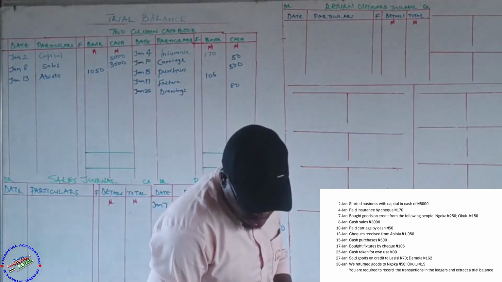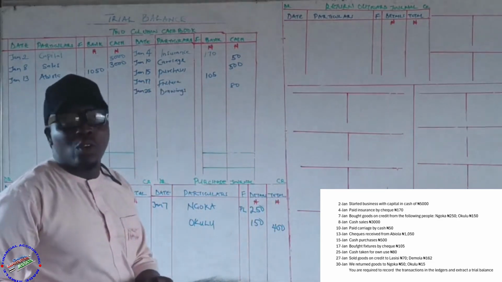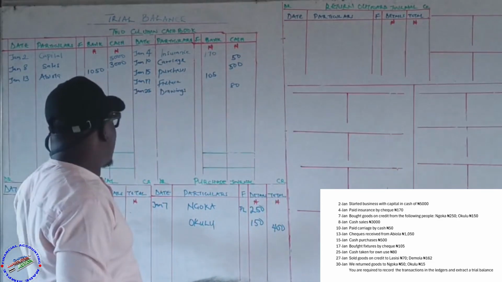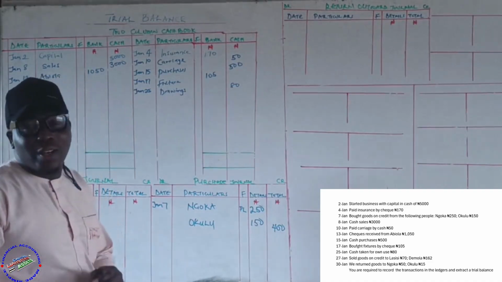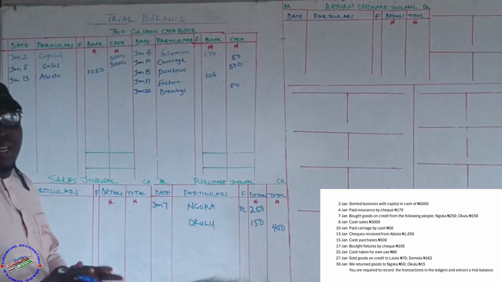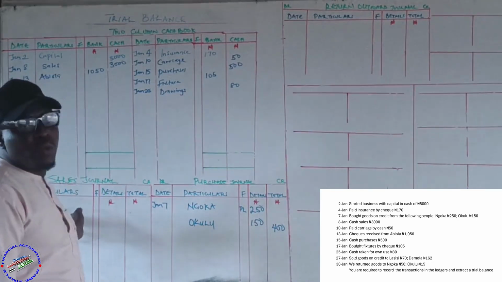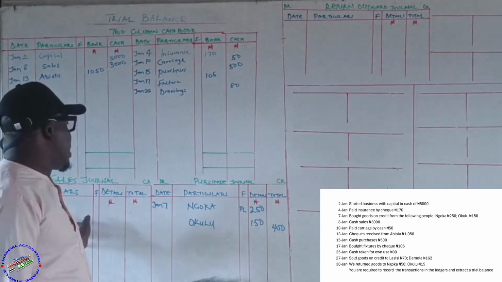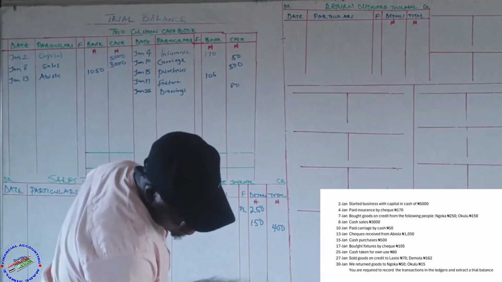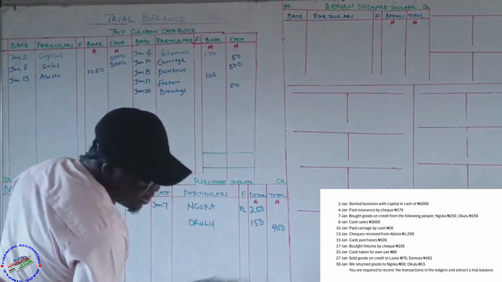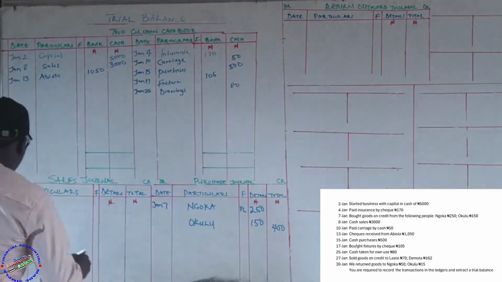So the next one is sold goods on credit to Lasisi and Demola. So goods that are sold on credit will be posted in the sales journal. Like I said earlier, transactions that are carried out on cash basis only will go into the cash book, while transactions that have to do with credit basis will go into the journal. So, sold goods on credit to Lasisi, 17 naira. That is January 27.